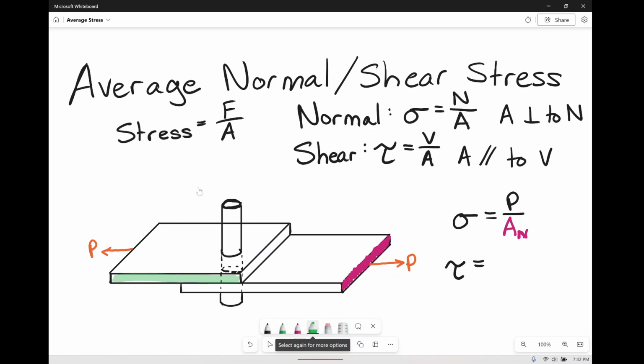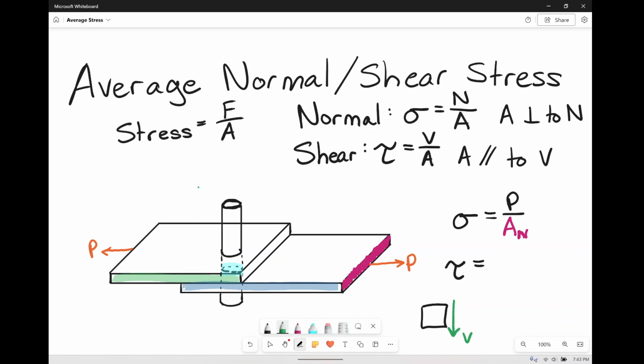So I've got this plate here, and I've got this plate here, and they are sliding in opposite directions. And what that's really doing is causing a mound of problems for this little circle in the center. So the circle in the center is actually the face upon which we have our shear.